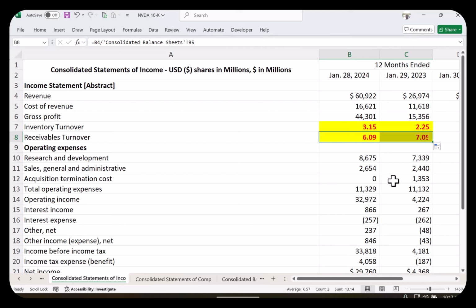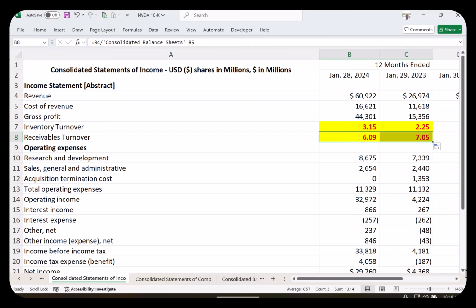It is 609 now, it was 705. So have things gone better or worse from 22 to 23? It says 23, but it's only January of that. The turnover actually has gone down. It was 7 in 2022, but it is now 6.